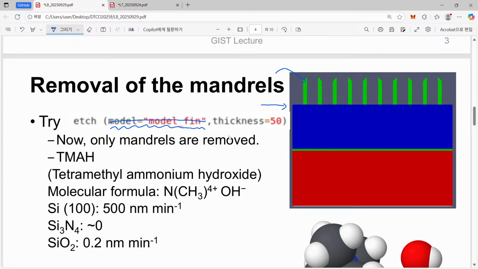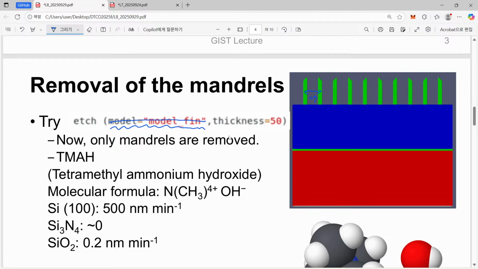Only the mandrels filling in this part are gone. Now you understand, our pattern has a pitch of 27 nanometer and 27 nanometer. That was possible by using this selective etching.